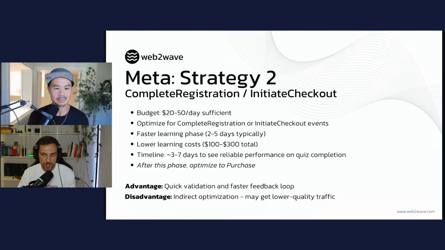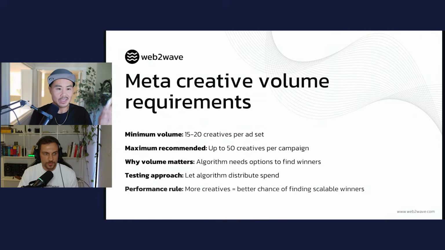With that you can start with lower budgets and be sure that your funnel works, you have no bugs, and payment systems are working, and then you can scale it. You can also use strategy 2 to test creatives and then move the winning creatives to strategy 1.